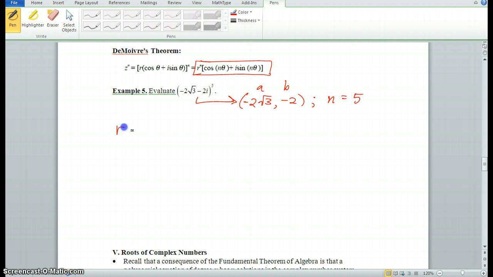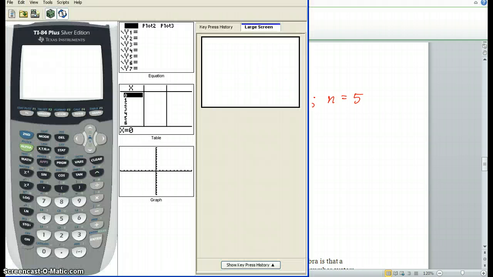All right, let's get the theorem going here. So r. Now, r doesn't pop out at you here, so we're going to have to calculate it. So r is going to be equal to the square root of a squared, so negative 2 root 3 squared, plus b squared, so negative 2 quantity squared. Notice I put parentheses around both. If we simplify, let's go ahead and do this.